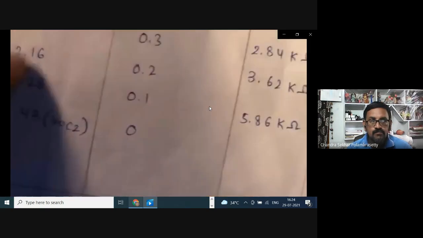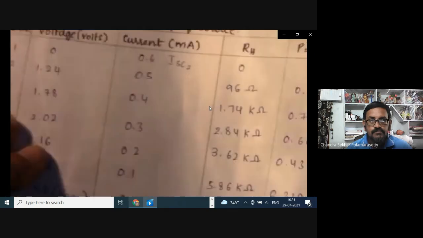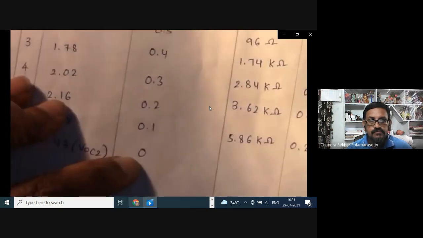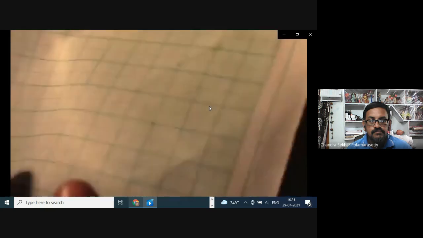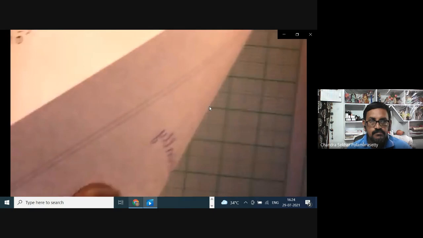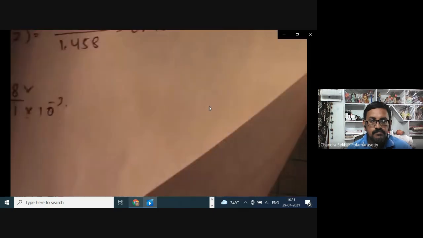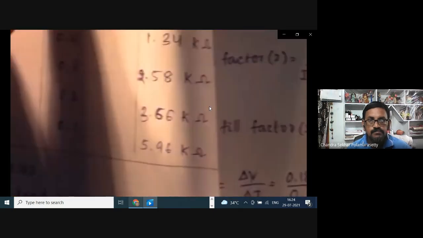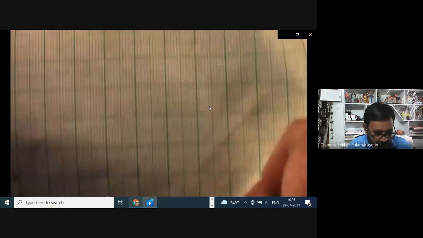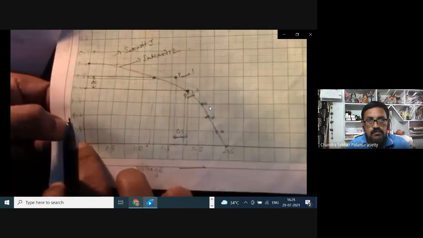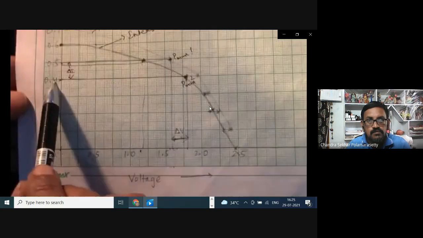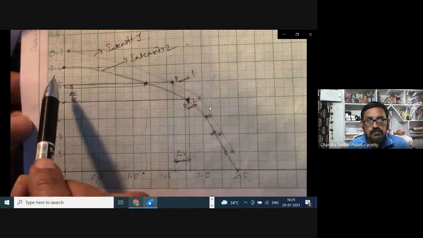Now apply 2 volts. I am increasing the resistance so that the voltage value increases and the corresponding current also decreases. Hey students, now I applied 2 volts, and what is the corresponding current? 6.1 milliamperes.